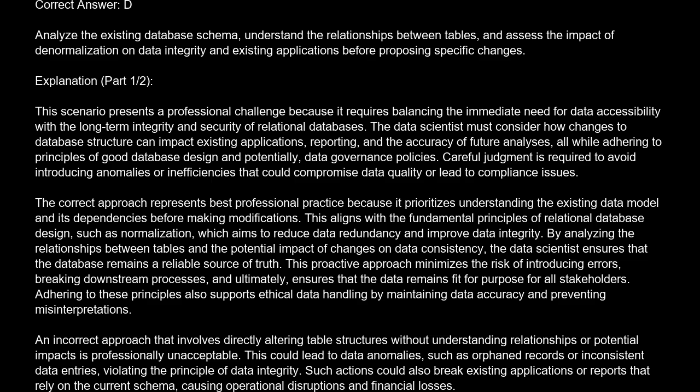An incorrect approach that involves directly altering table structures without understanding relationships or potential impacts is professionally unacceptable. This could lead to data anomalies, such as orphaned records or inconsistent data entries, violating the principle of data integrity. Such actions could also break existing applications or reports that rely on the current schema, causing operational disruptions and financial losses.